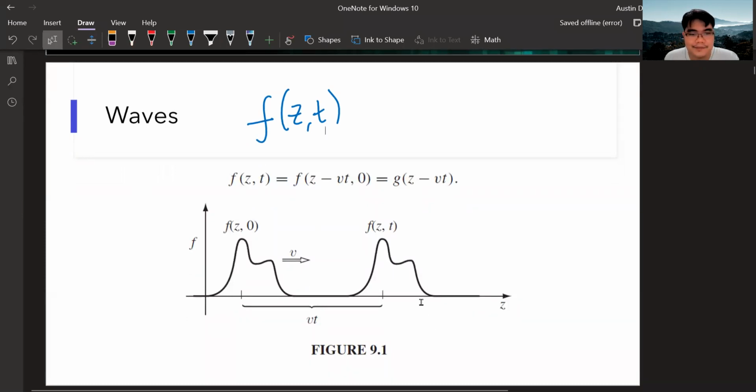So yung wave mo always in motion, and you can see that from here na yung f of z0 can be represented at a later time, f of z t. Tapos yung distance between those two waves would be, of course, v times t.